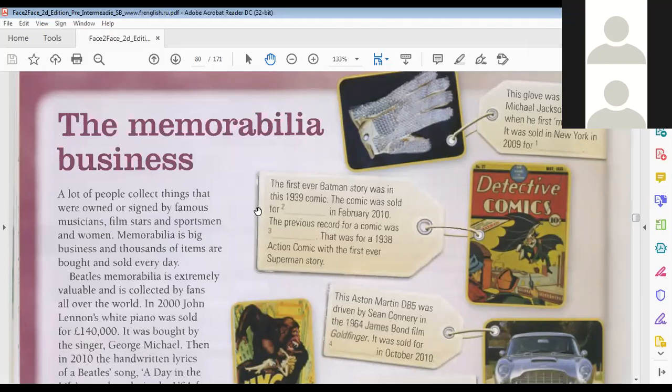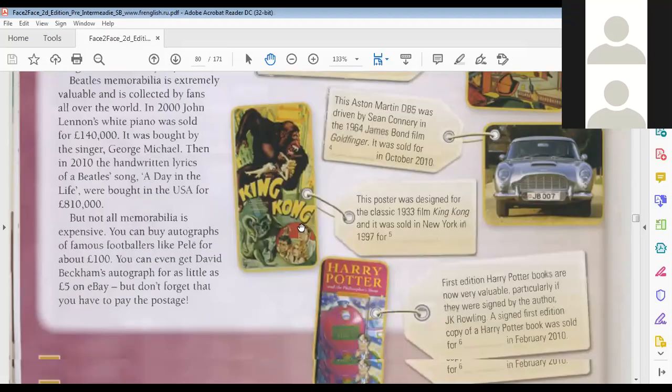The previous record for a comic was £631,871. That was for a 1938 action comic with the first ever Superman story. This Aston Martin DB5 was driven by Sean Connery in the 1964 James Bond film Goldfinger.